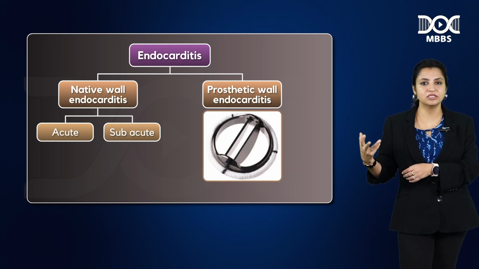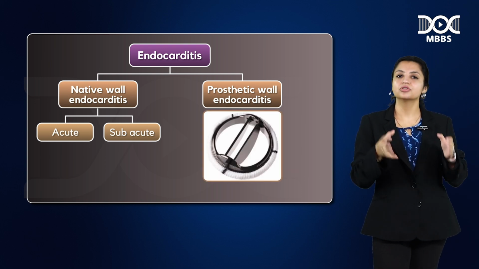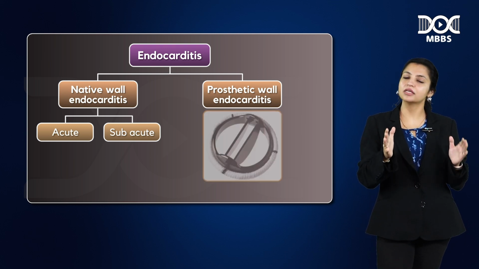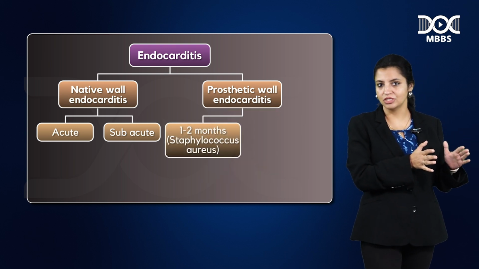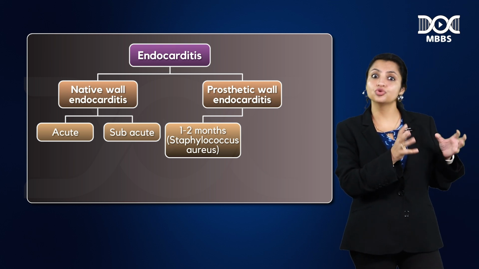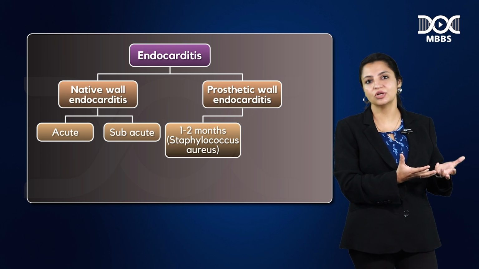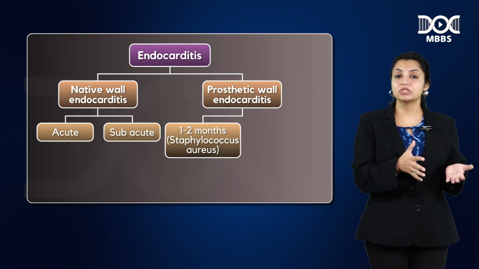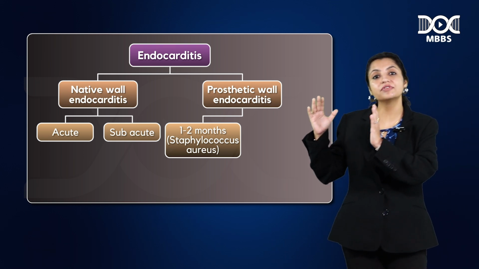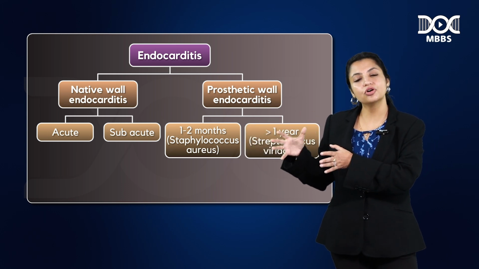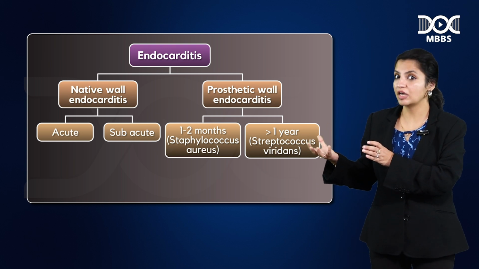So it depends on when this prosthetic valve was put. Obviously when it is put, it can cause inflammation of the endocardium. This can occur within 1-2 months of installation itself. In these cases, usually a highly virulent organism like Staph aureus will go and cause endocarditis. But if prosthetic valve endocarditis occurs after 1 year of adding the prosthetic valve, then the majority of the time the bacteria is not very virulent.